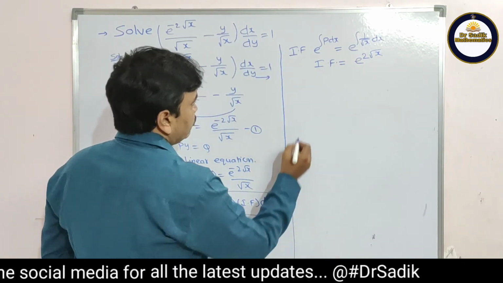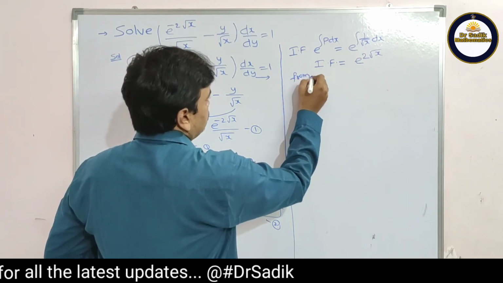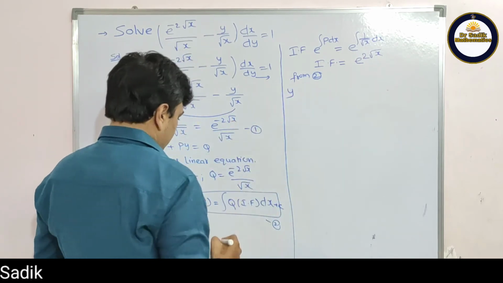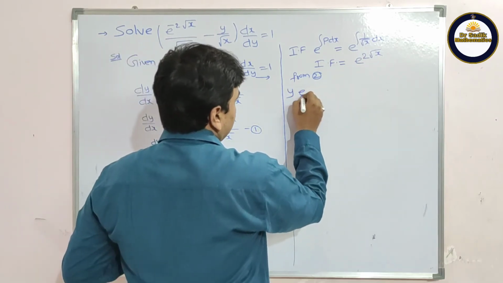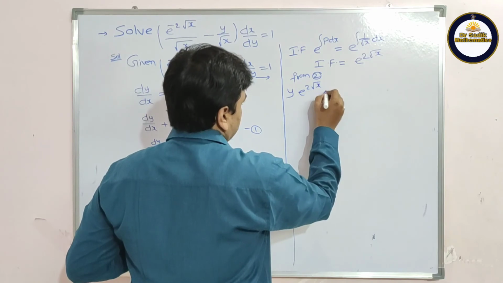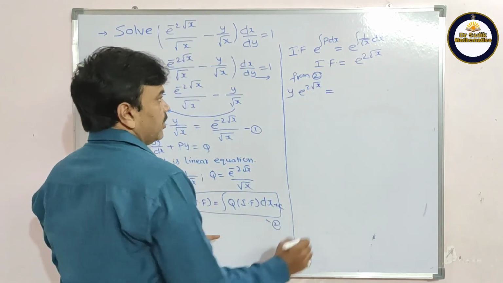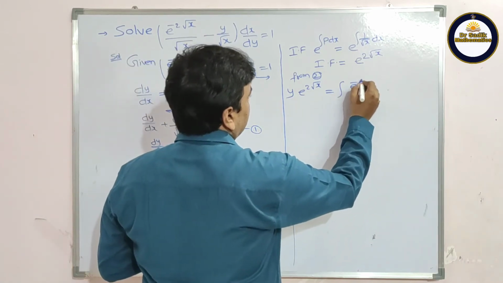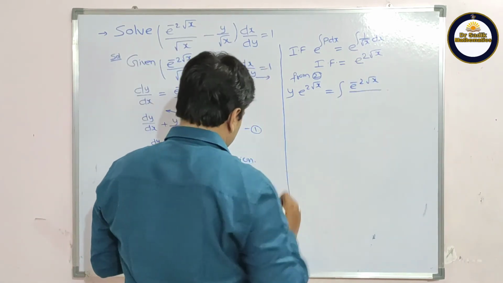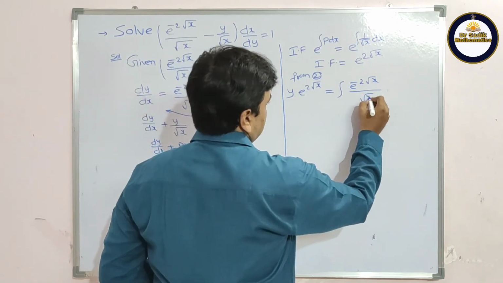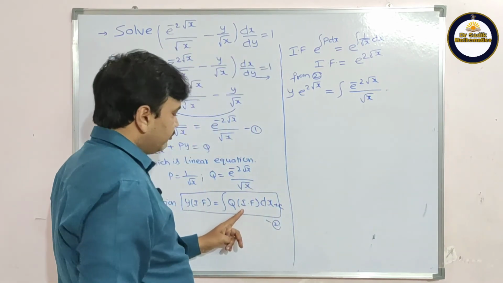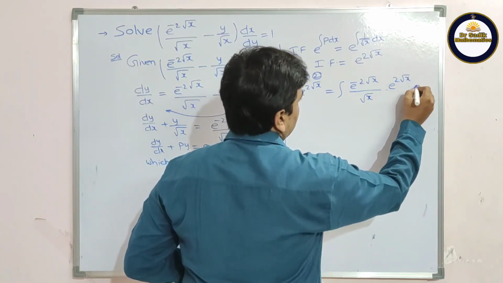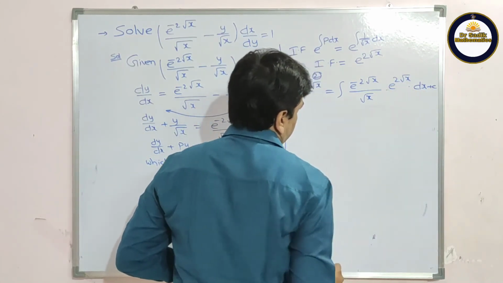So from this, the solution, friends: y into the integrating factor e power 2 root x is equal to the integral of q. What is q? E power minus 2 root x by root x into the integrating factor e power 2 root x into dx plus c.